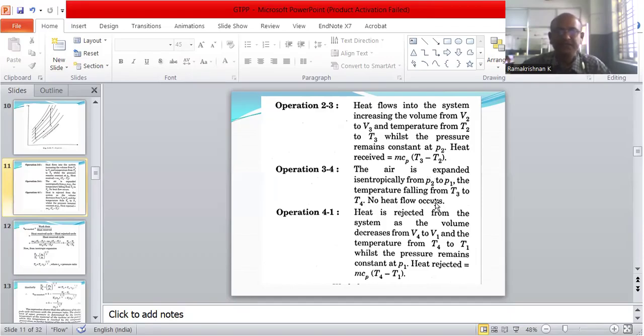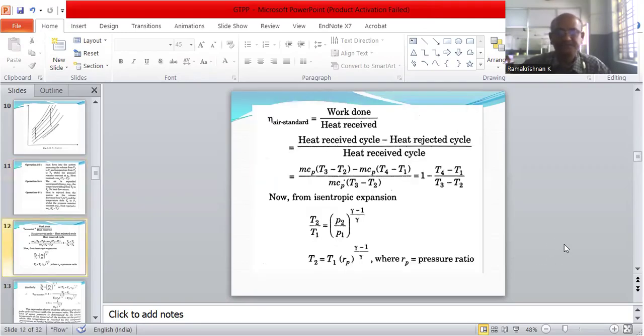Again, 3 to 4 is expansion in the turbine. So the pressure drops isentropically from P2 to P1. Here, 4 to 1 is the heat rejection at a constant pressure. So again, the volume decreases from V4 to V1. So the heat rejected is m Cp into (T4 minus T1).